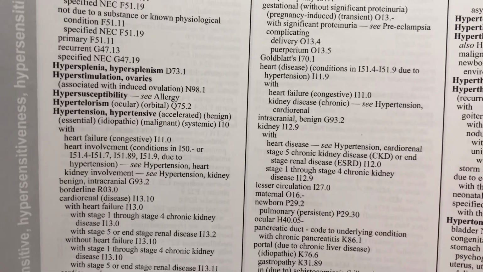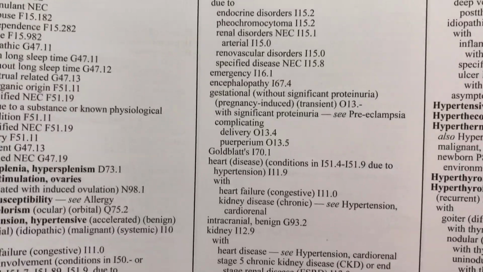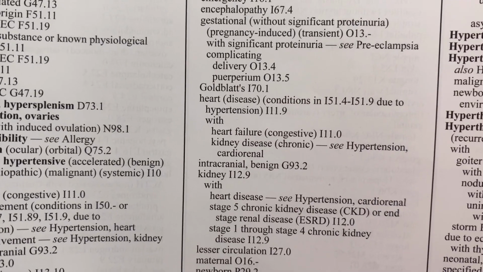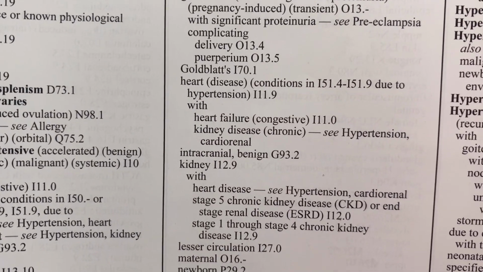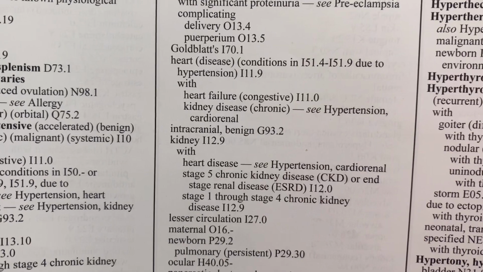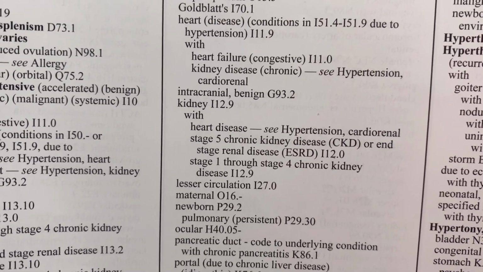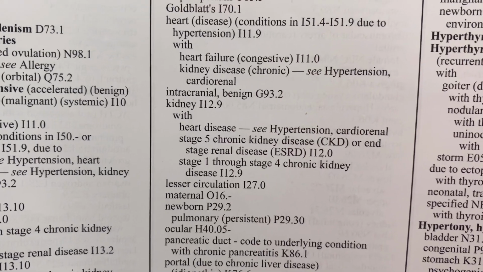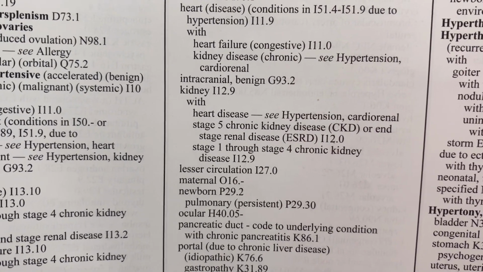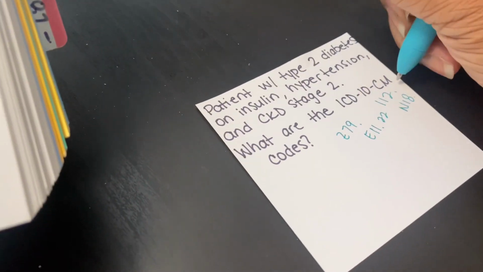Here we are with hypertension, and we're going to look for kidney disease, which is kidney here. It says with heart disease, or it says stage 5 or end stage renal disease, or stage 1 through stage 4 chronic kidney disease is I-12.9. So I know that I need to add a 9 on this.